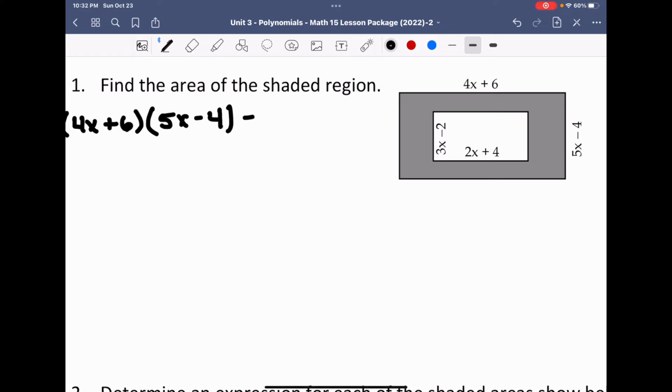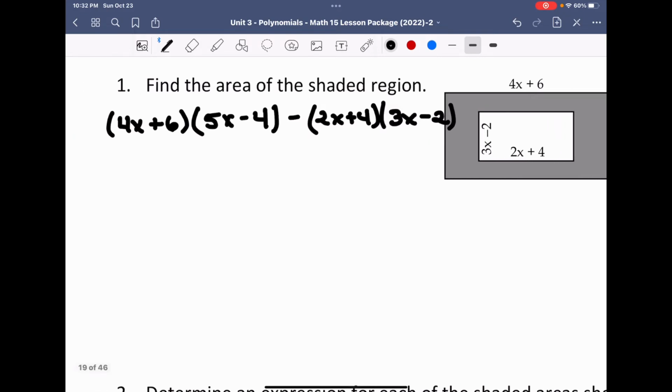So I'm going to subtract away the length, which is 2x plus 4, times 3x minus 2. And so this is the larger square, subtract away the smaller square, or the inside there. And that will leave us with just the shaded region.